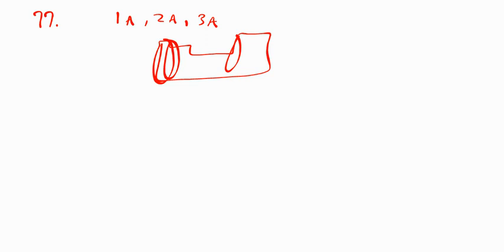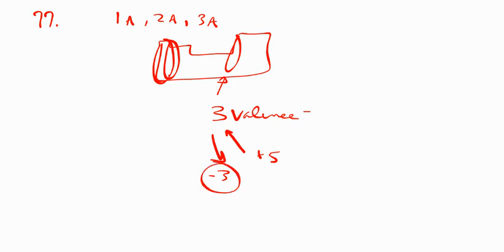Groups 1, 2, and 3, if I look at, for example, the ones in group 3, being in group 3 tells you they have 3 valence electrons. The choice to get a filled outer shell would be, you could add 5, or you could remove 3. Remember that choice? We take the lower number. We're going to remove 3 electrons. So something in here, it used to be no charge. You just got rid of 3 electrons, so there are 3 positives that are not canceled out. They have a +3 charge.